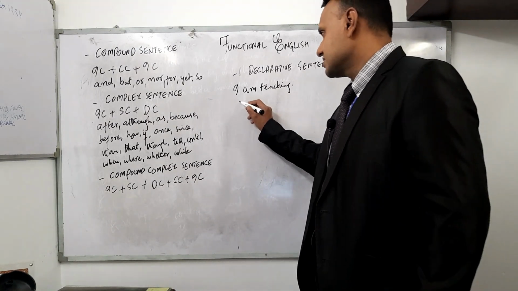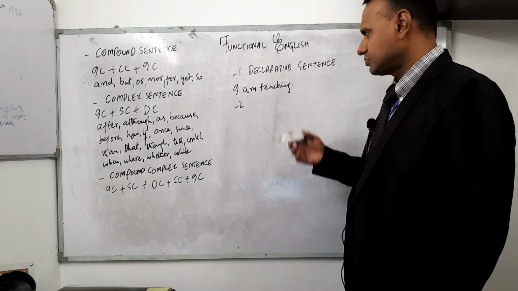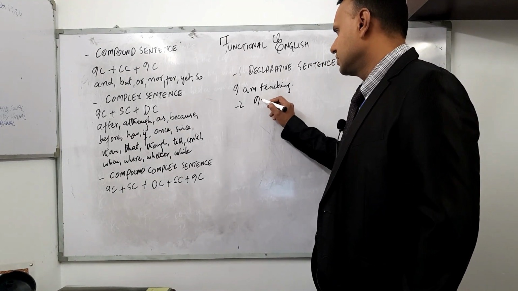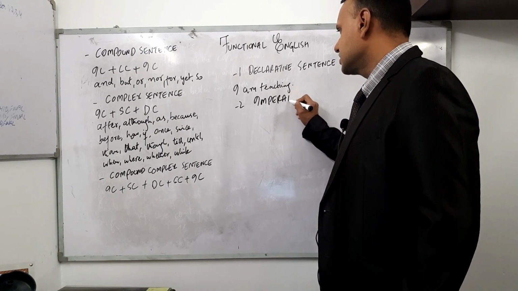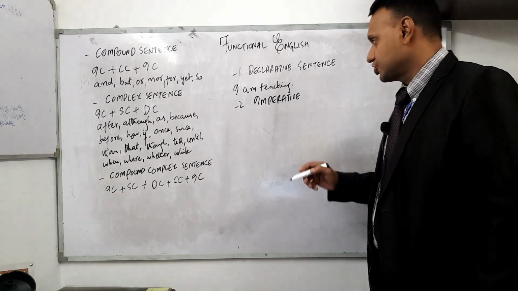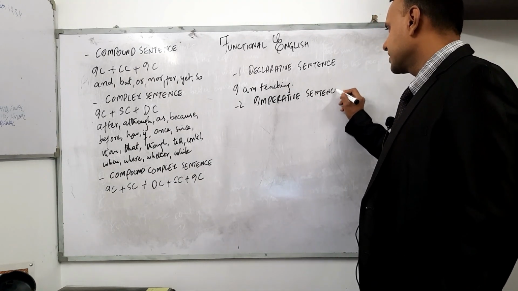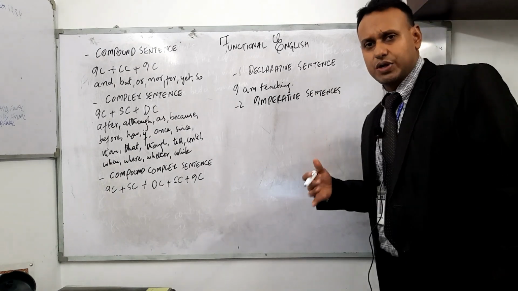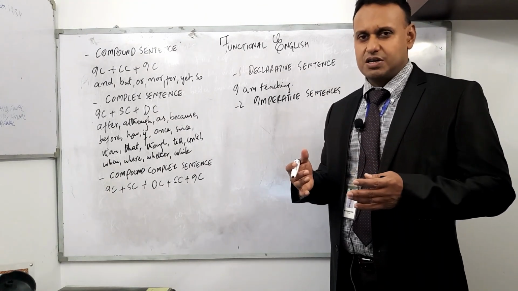The second sentence that we come across after the declarative sentence is the imperative sentence, where there's a command or a request, maybe an order or an instruction. So these types of sentences will give you some kind of request or an order or maybe a demand.